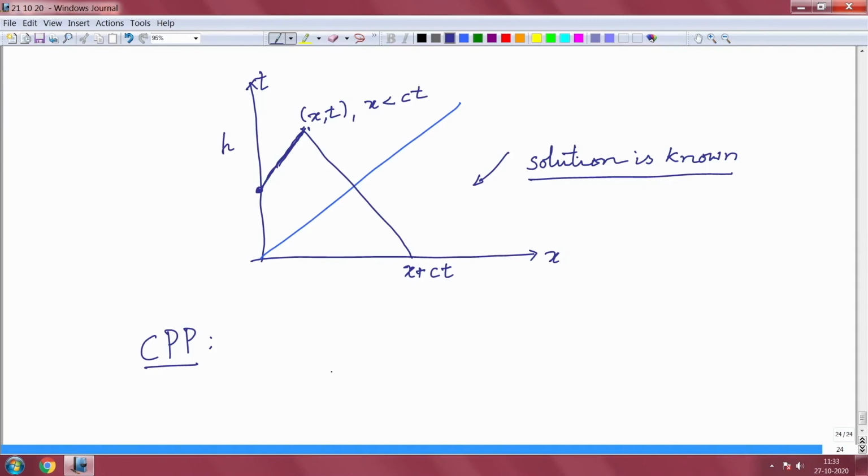And for that, let me use a different color again. So, you pick a point x 0 here, x 0 small. We will see how small it is. x 0 is positive, small. And now you draw a characteristic.